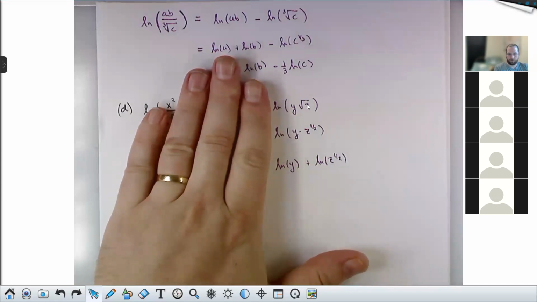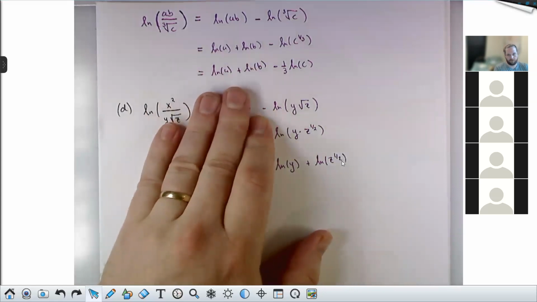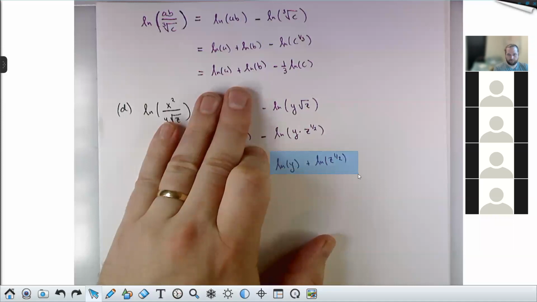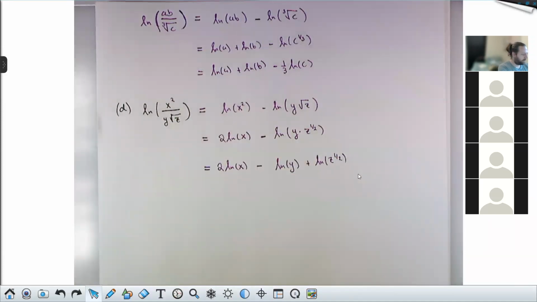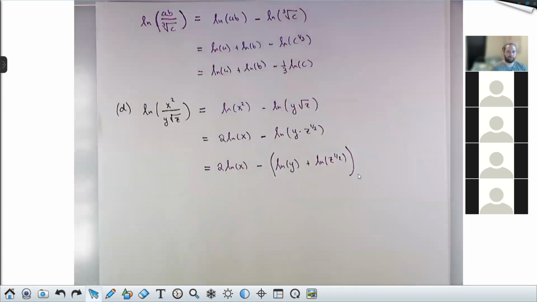The ln of y times root z is the ln of y times z to the 1/2 is the ln of y plus the ln of z to the 1/2. But this guy is negative, which means this whole thing should be negative, which means we need parentheses.